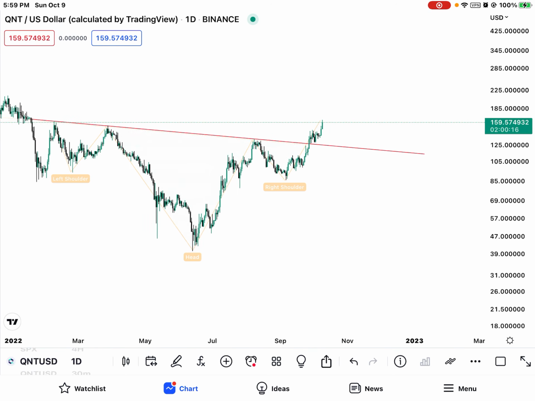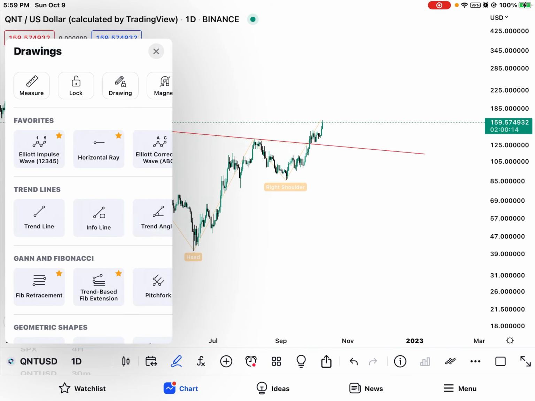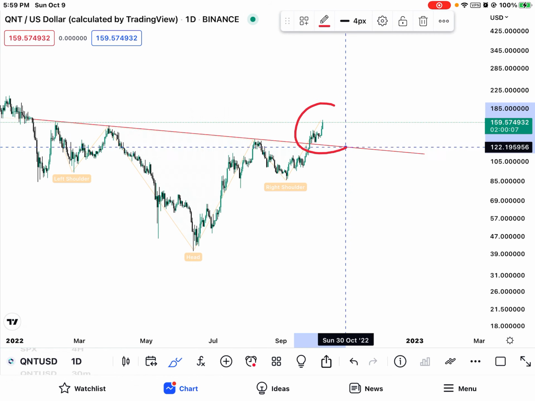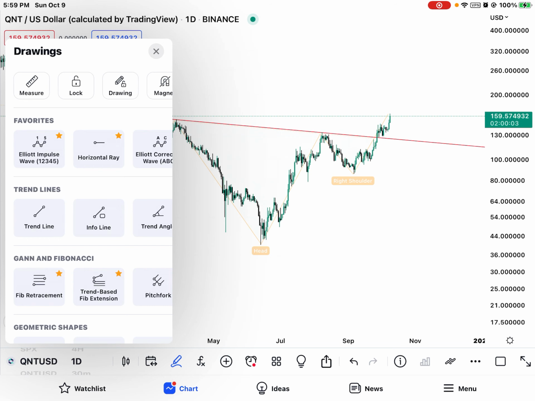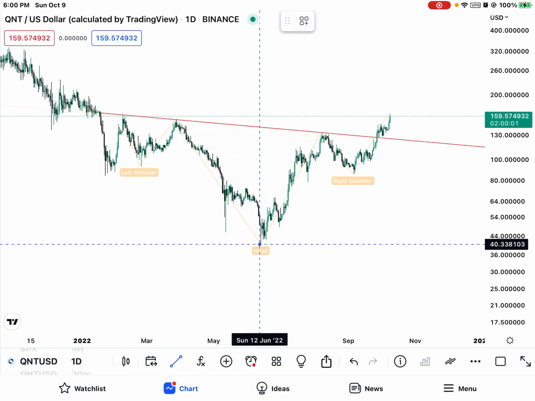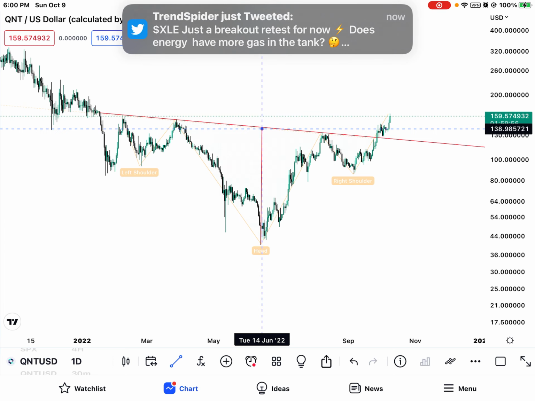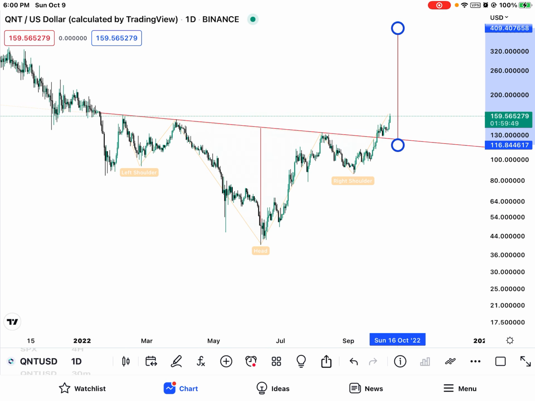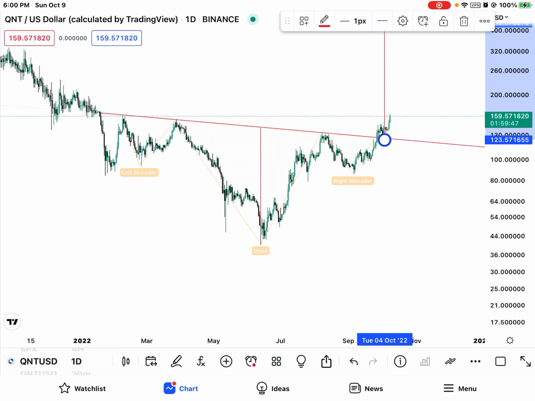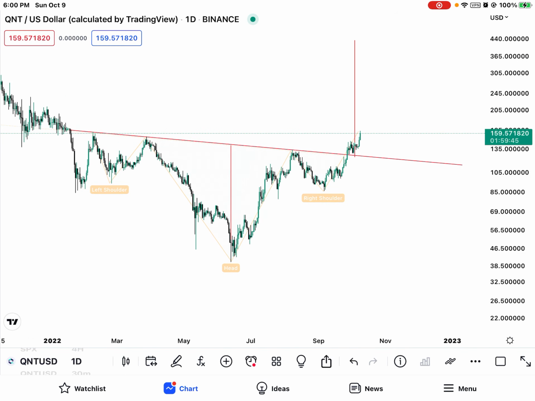And if we want to see exactly where this can reach out to, all we have to do is take a trend line over here. We go from the bottom of our head all the way to the top of the trend line. And let me just clone this, and it would be the same measurement from that retest over there.